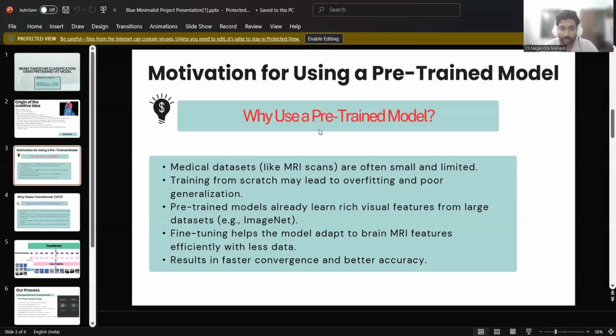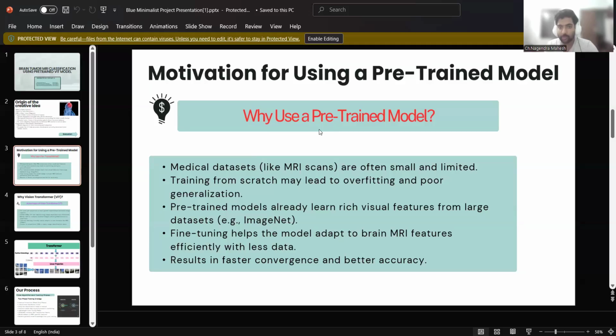To train any neural network, we need a vast amount of data. Since we have very little data, we are going to use a pre-trained model.